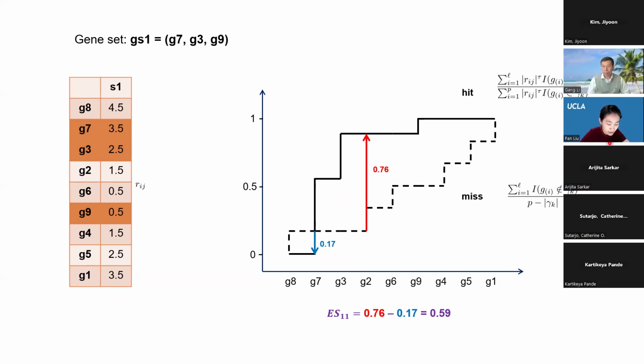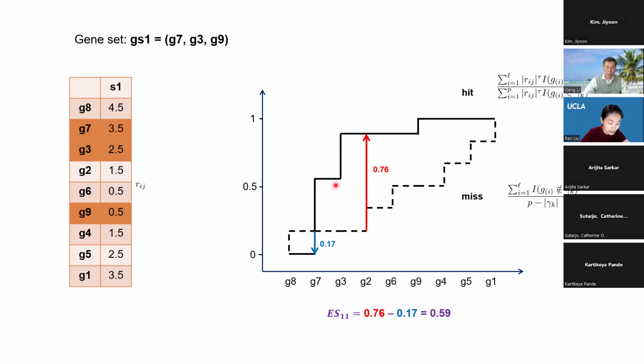The reason for this is that the largest positive mainly comes from the members of gene sets staying on top of this rank list. And the largest negative mainly comes from the members lying at the bottom of this rank list.